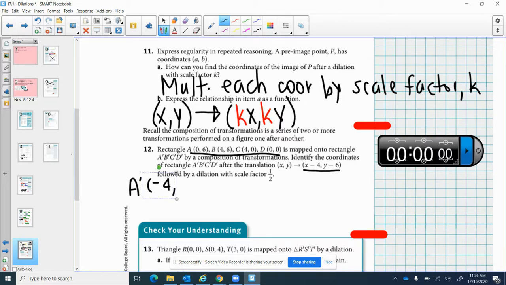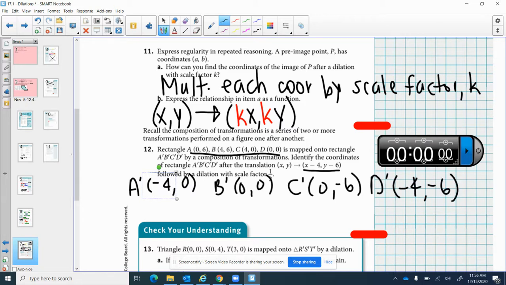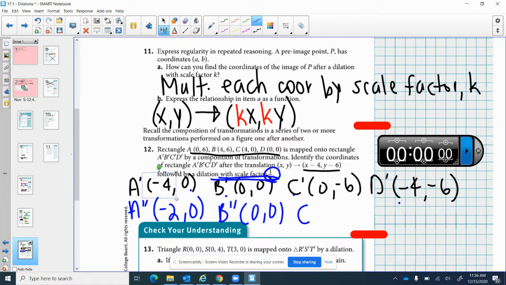So they would actually be at -4, 0, 0, 0, 0, -6, and -4, -6. And then the second piece would be using that scale factor of 1/2. So we're going to take the points we just found and multiply each piece by 1/2. So now we're at -2, 0, 0, 0, 0, -3, and -2, -3.